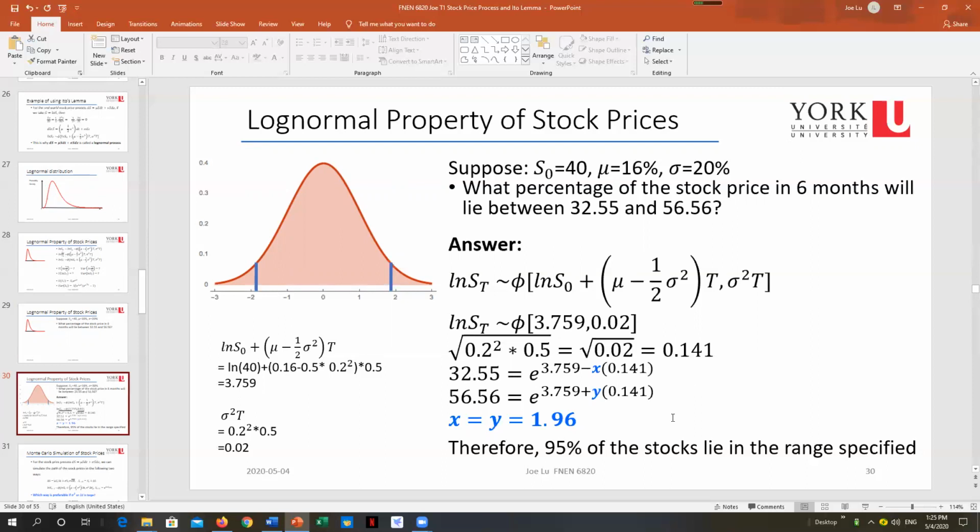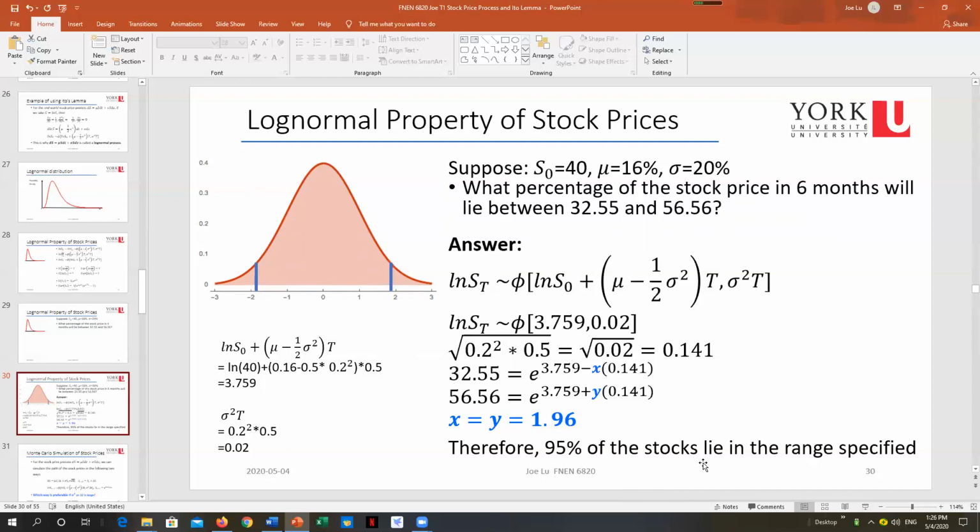So what is your x? Your x in this case is 1.96. So you are moving 1.96 standard deviations to the left and 1.96 standard deviations to the right. So the area underneath this curve here is really 95%.